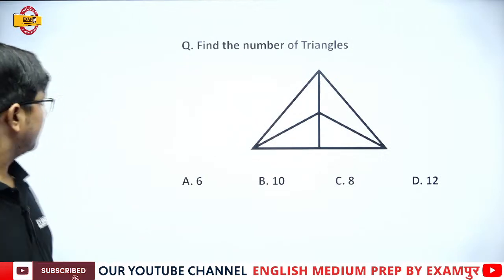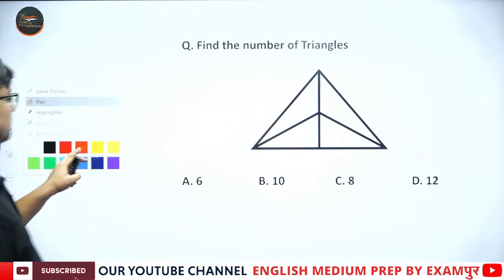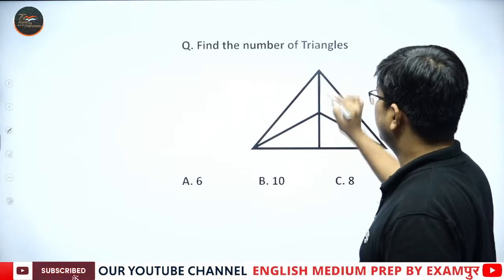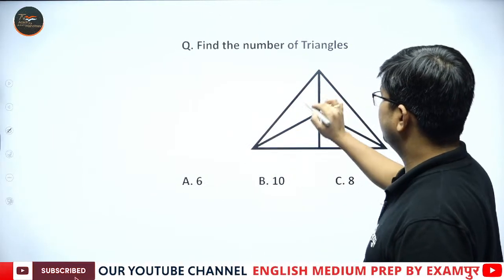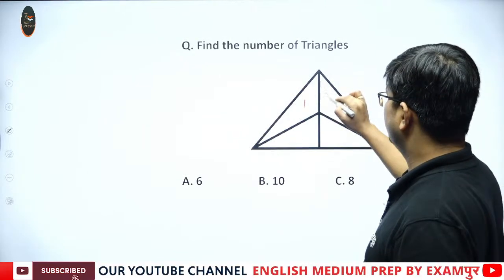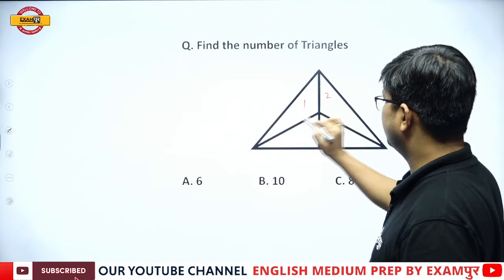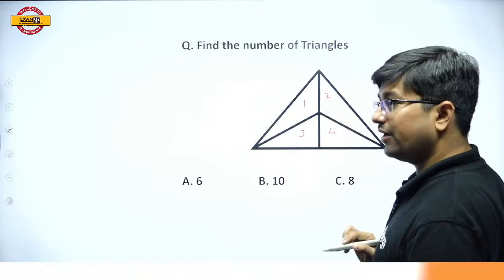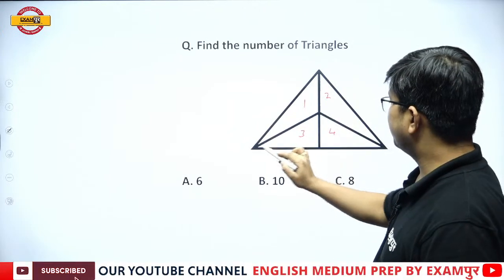Now see how to count the number of triangles. 1, okay, 2, 3, 4. Okay, then 5.